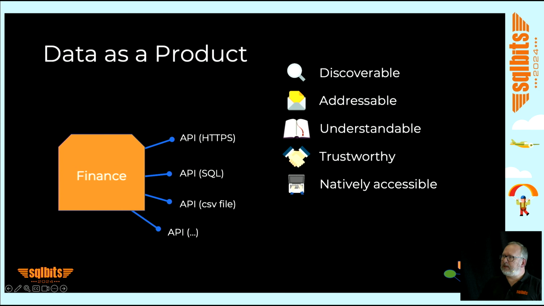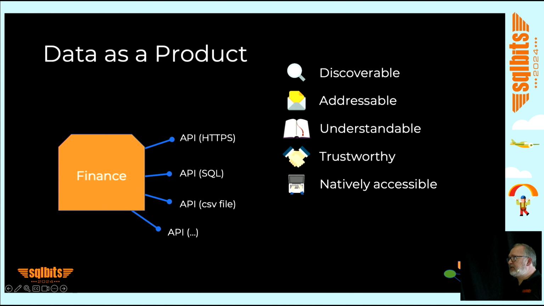It needs to be natively accessible. By that I mean that there are different kinds of users that would like to use the data products. Let's say the data analysts, they might want to use SQL, do querying across the data. So that kind of interface needs to be there. Maybe they would like to get the data in the form of CSV file format.